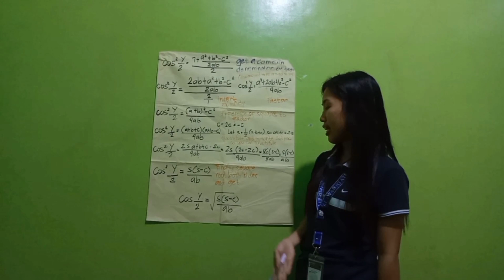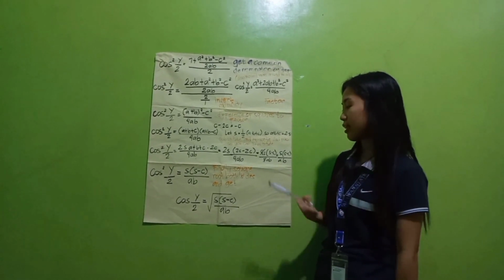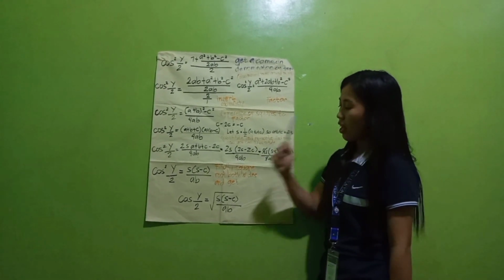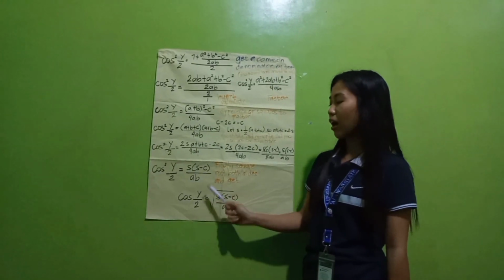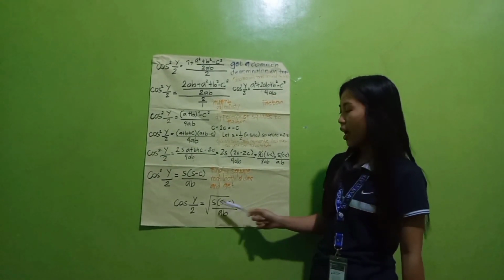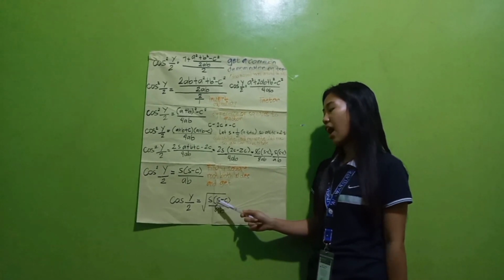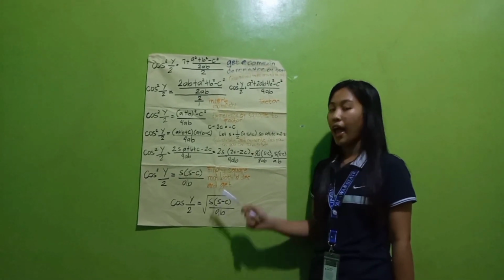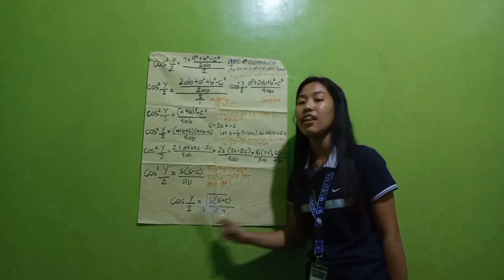Finally, taking the square root of both sides, cosine gamma over 2 is equal to the square root of s(s minus c) over ab. This is the final answer.